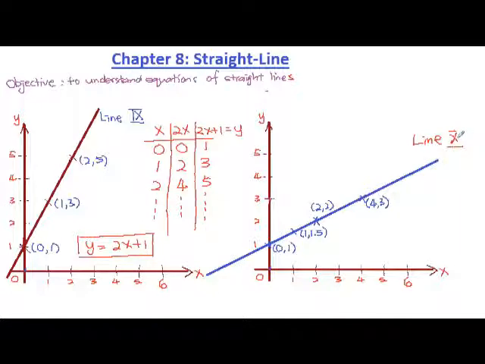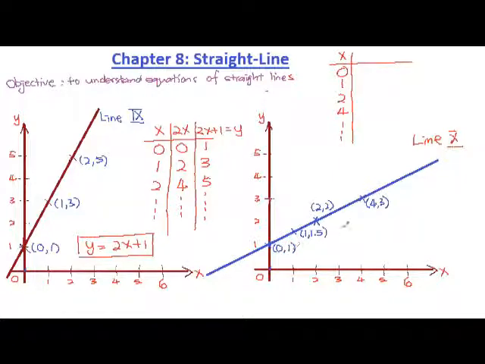What about line 10? Let's examine the value of x from 0, 1, 2, and 4, and so on. Apparently, we cannot see any relationship again if we try to compare the value of x and the value of y.